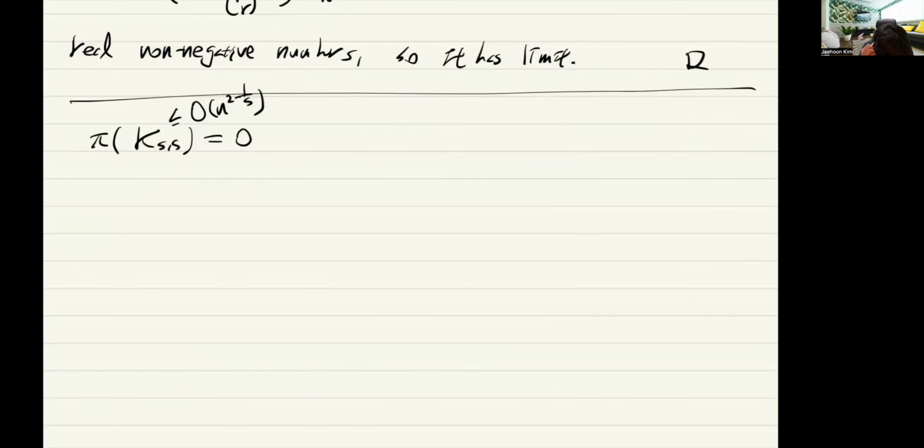And using that, we can prove further statements about other hypergraphs.